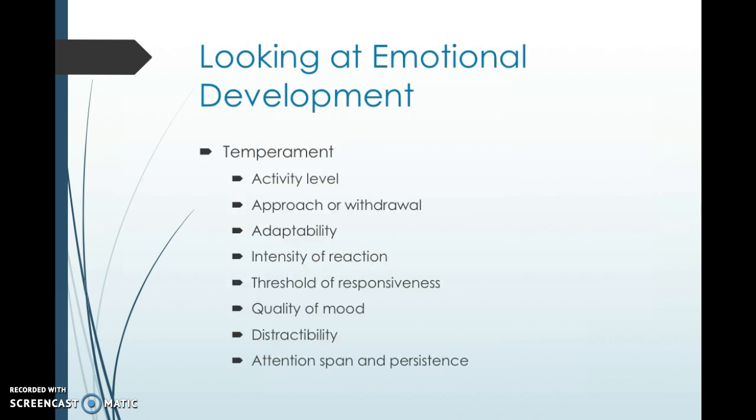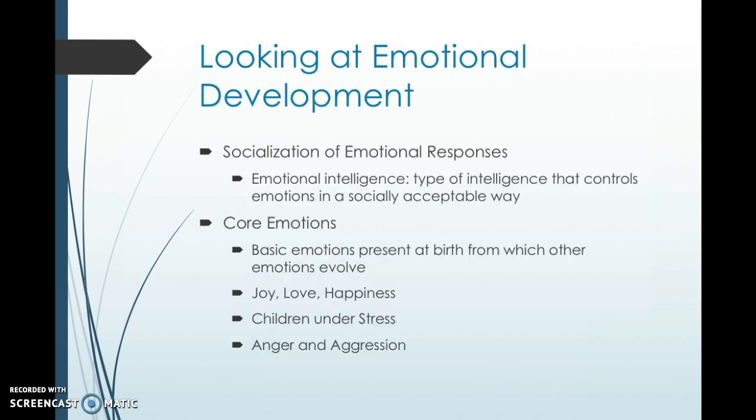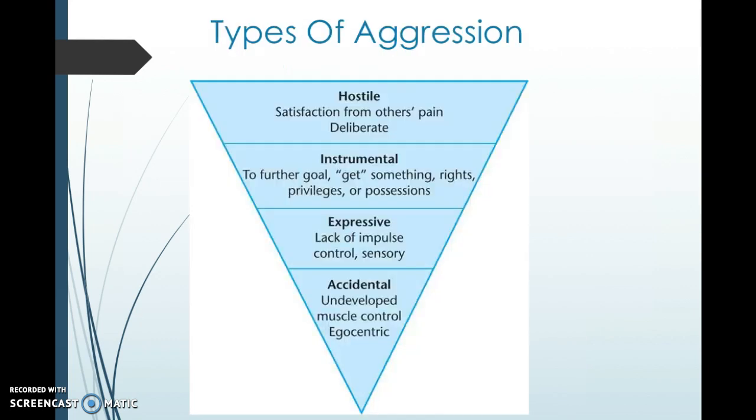Frequency counts are often used to look at a child's emotional development, things like temperament and emotions. Sadly, the numbers of children growing up in less than stable homes and with increasing aggression often display that aggression themselves.